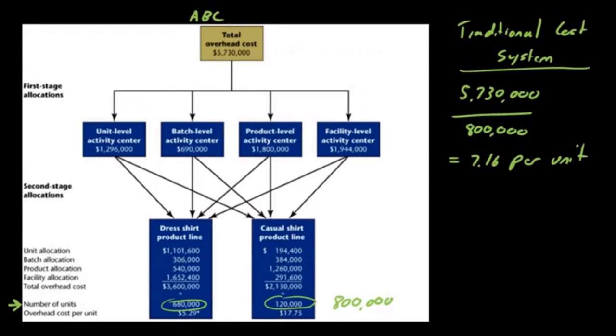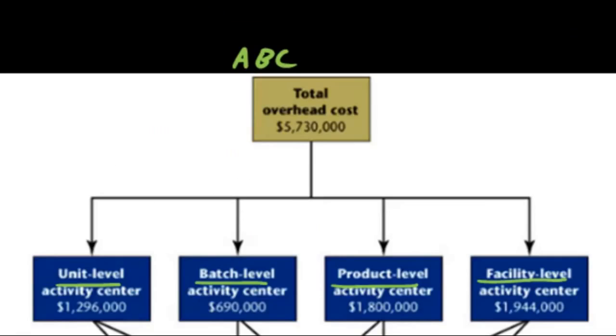So instead of allocating with a volume-based measure for the whole department, we allocated this overhead using activity-based costing, ABC. We took this $5,730,000 of overhead and classified it into 4 different activity centers. The 4 activity level centers are unit level, batch level, product level, and facility level.